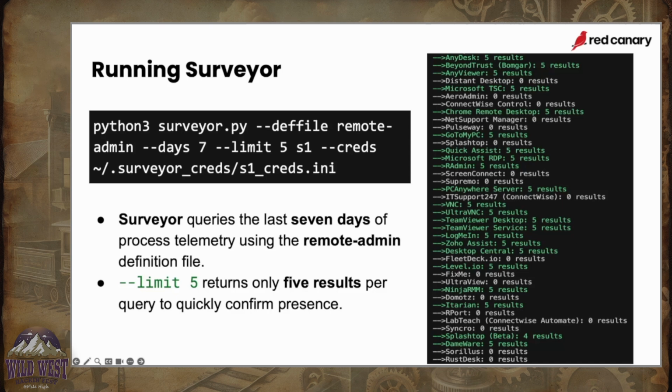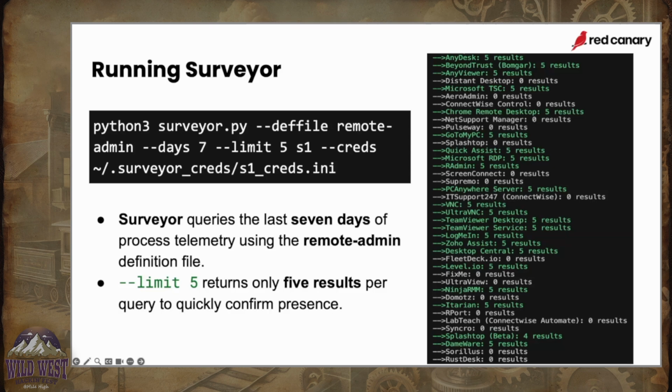I'm saying I want to run my query against Sentinel-1's EDR, and then I'm going to provide those credentials in a configuration file. And the output here is that you can see, well, this is a bit scary, but there are many RMM tools in this environment, for example.